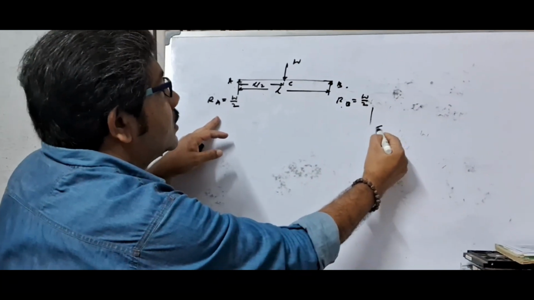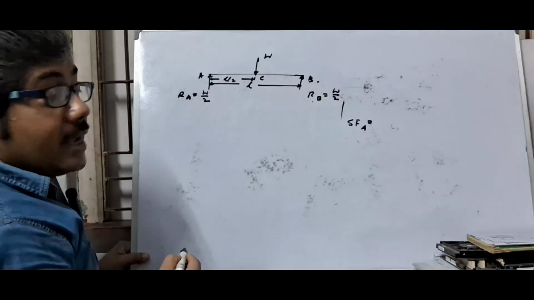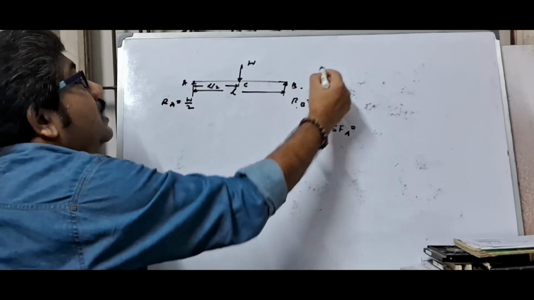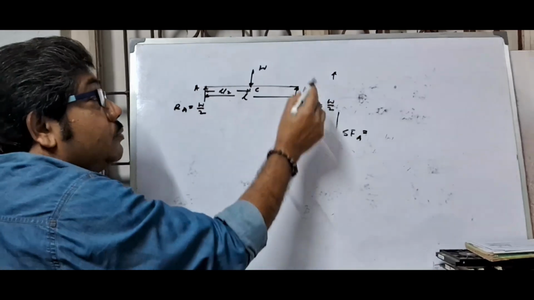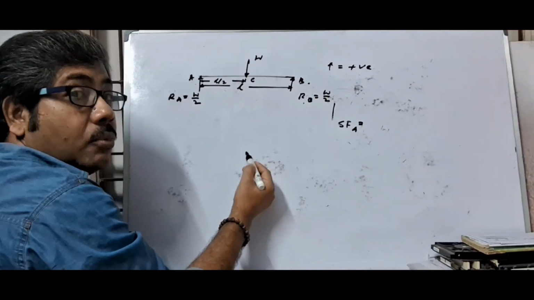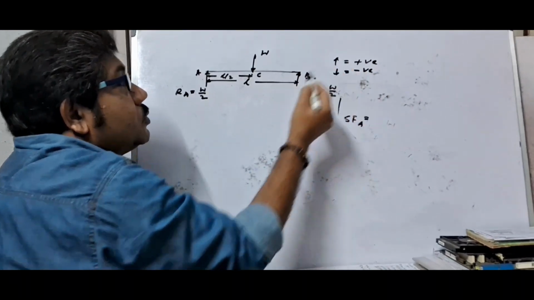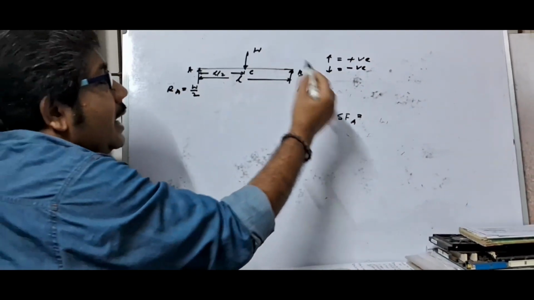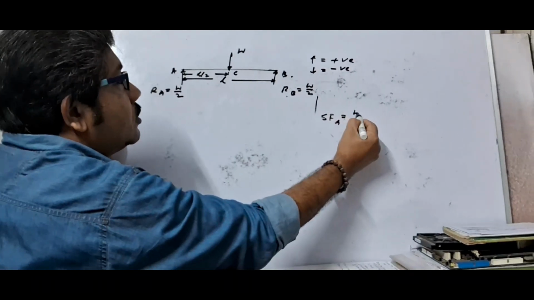So shear force at point A. And again remember, for upward force, shear force will be positive. For downward force, shear force will be negative. Always remember. And so shear force at point A, this is upward force, this is W by 2.